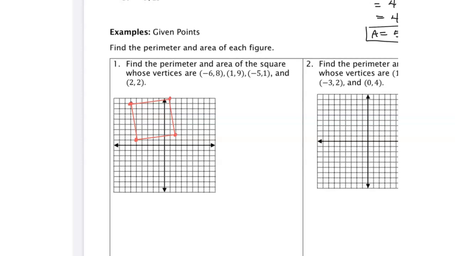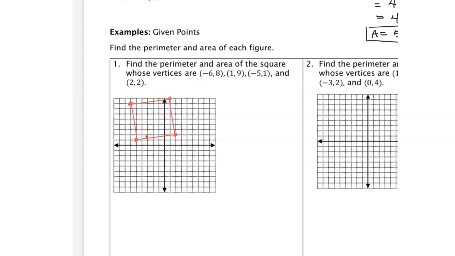All right, so in our next set of examples, we have problems where we're asked to figure out the area and the perimeter when our shape is on a coordinate plane. So we're given the vertices, which are the corners, of our either square or rectangle. In this particular case, we have a square, and we were given the 4 vertices.